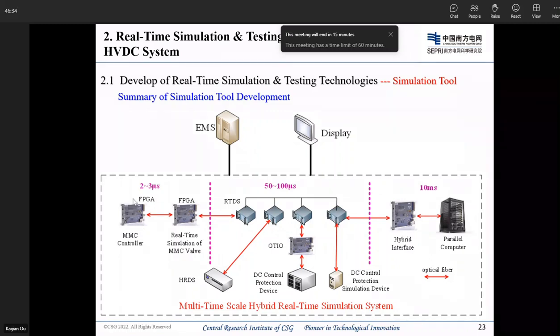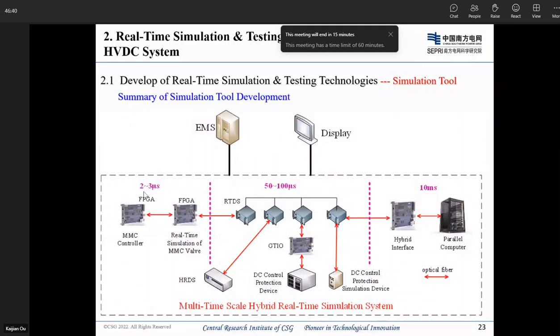This uses a small time step of 2 to 3 microseconds in FPGA simulation. We can simulate the MMC control and valve.